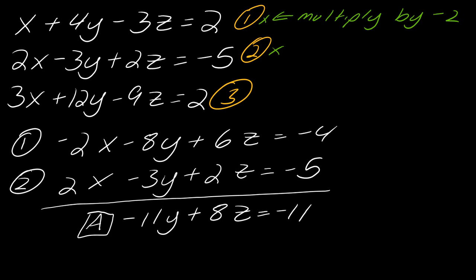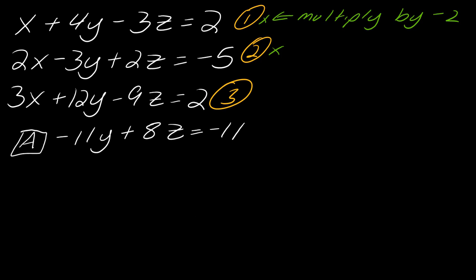I'm going to make some space. And now I'm going to use equations 1 and 3. So I'll go ahead and just mark this. Let's see, I'll even leave my note here. Except now, instead of multiplying by negative 2, I'm going to multiply by negative 3. So I'll replace this with negative 3, and I'm going to use this equation and this equation.